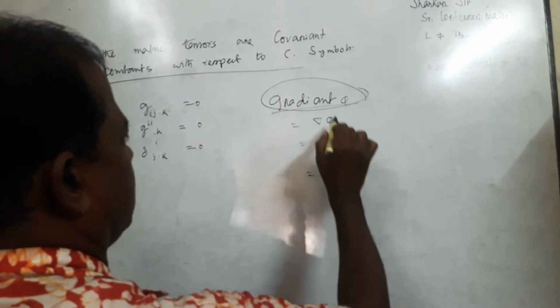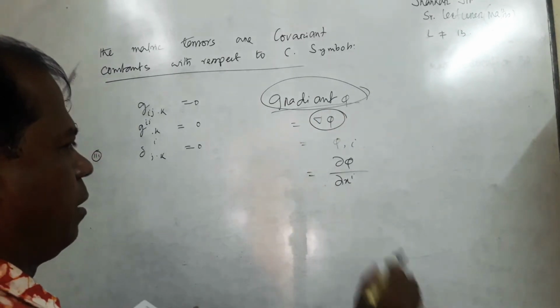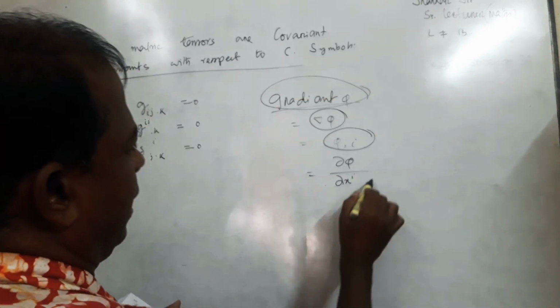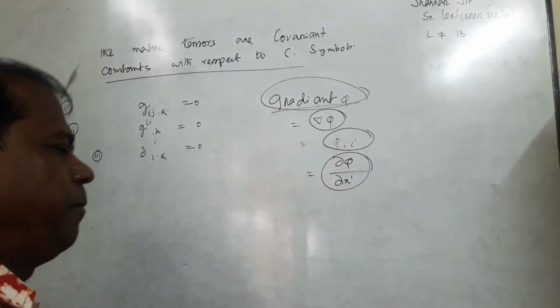The gradient of phi means the derivative of phi, which is a tensor denoted phi,i, that is, del phi by del x^i.